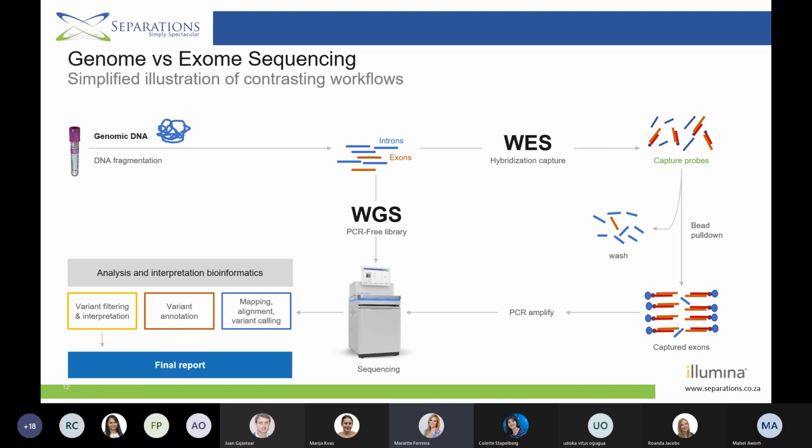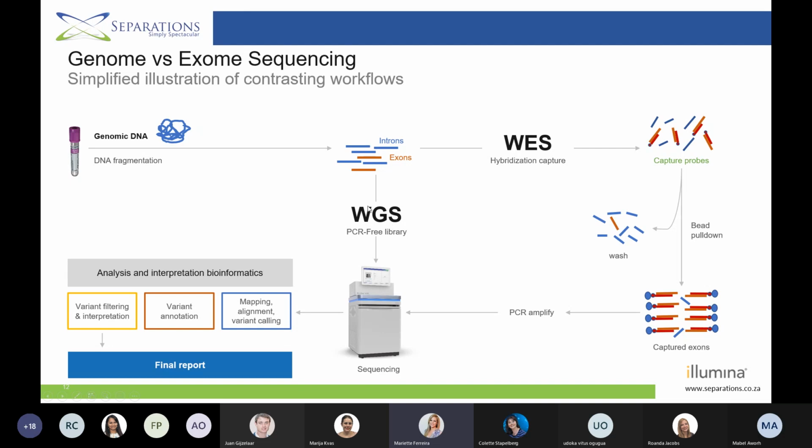Then we do a bead pull down with streptavidin beads, and we wash away everything that hasn't bound to the beads. These captured exons, we then PCR amplify to make more of them, and then we can start sequencing them. With whole genome sequencing, we have both PCR and PCR-free library preps.